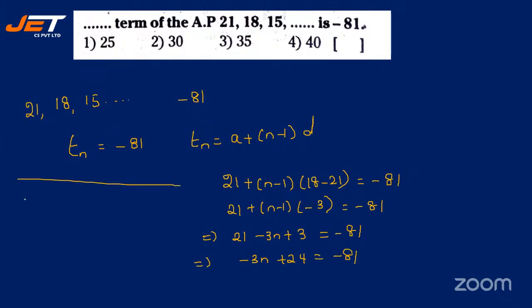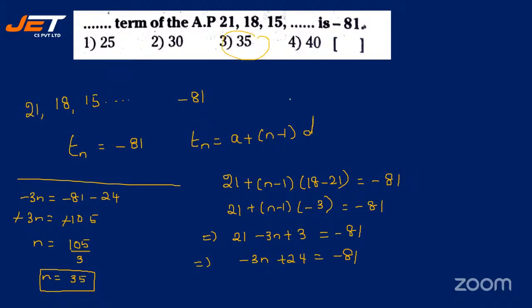So minus 3n is equal to minus 81 minus 24, so minus 3n is equal to minus 105. The minus signs get cancelled. N is equal to 105 by 3. 3 3s are 9, 3 5s are 15. So your n must be option 3, that is 35.